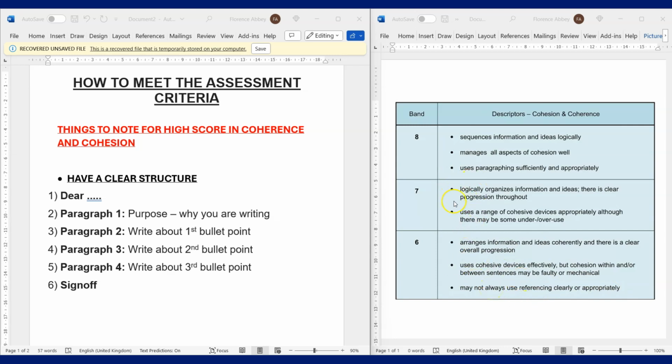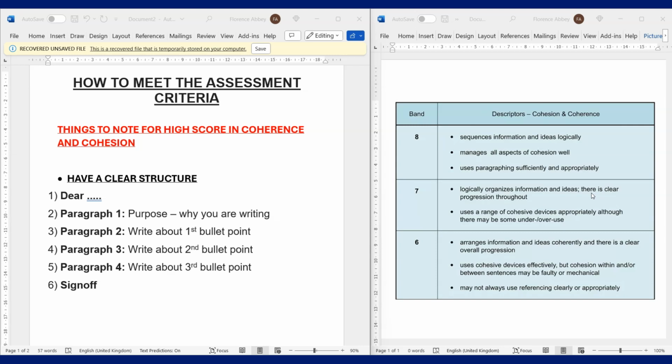When it comes to band 7, the person who gets a band 7 is able to logically organize information or ideas properly. So a proper organization of your ideas is very important for you to get a band 7 in your writing task. And there is a clear progression. Clear progression means that it's not the same idea that is repeated in each paragraph.